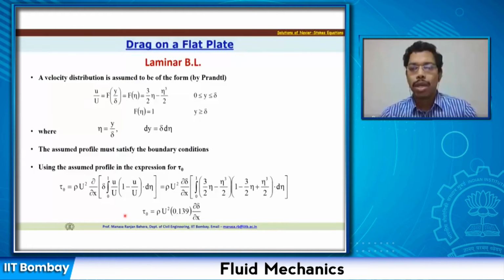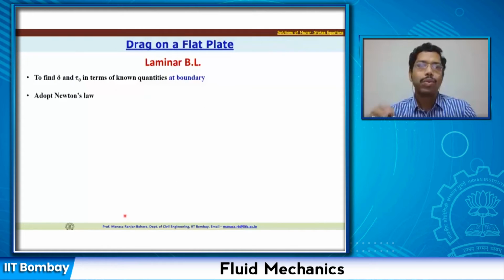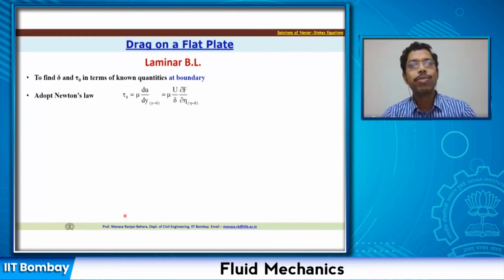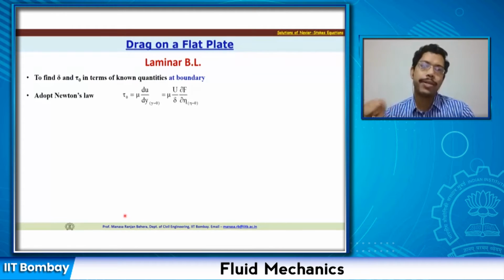Now to find out the value of delta and tau 0 in terms of some known quantities at the boundary, we can adopt Newton's law. Newton's law is known to you, that is nothing but tau is equal to mu du by dy, and here we are finding it at y equals 0, or on the surface of the plate.